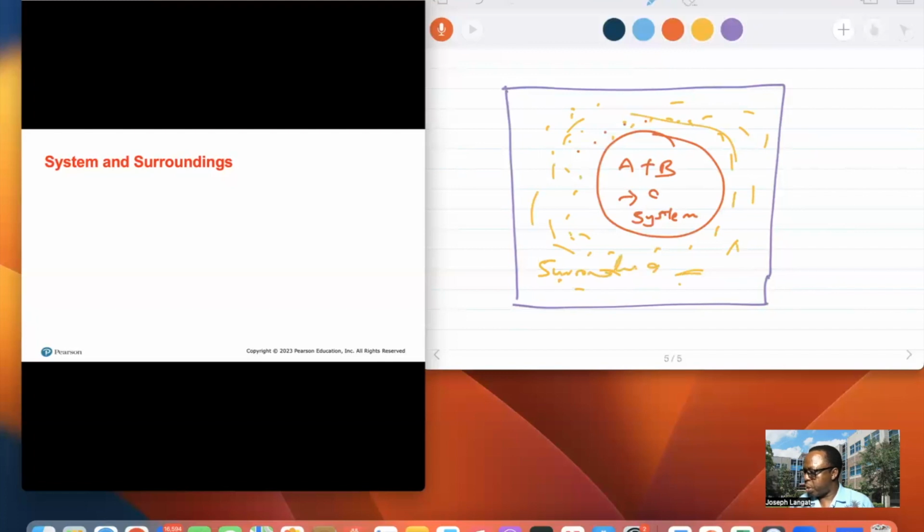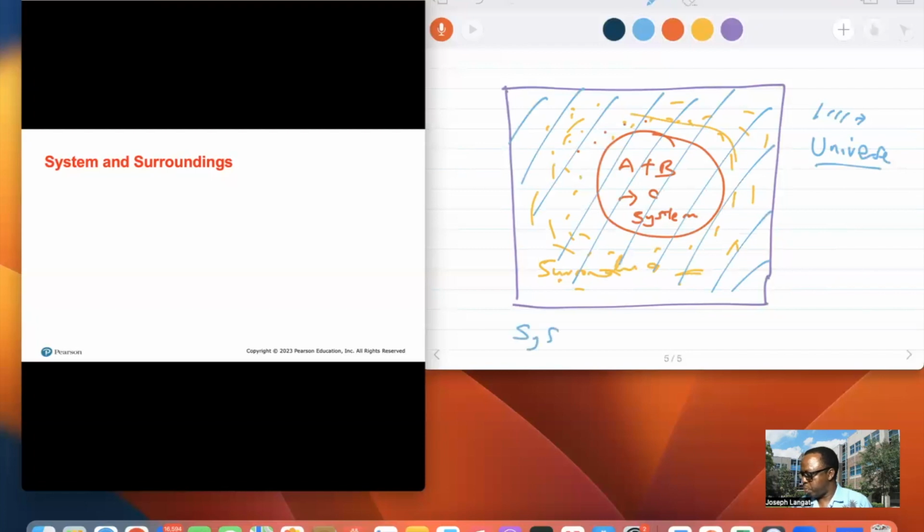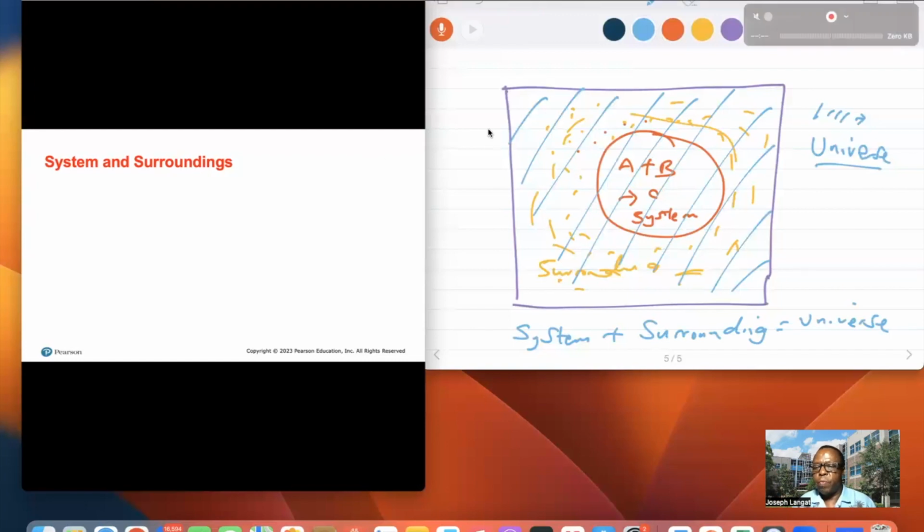And then everything here, including the system, is the universe. You see, system plus surrounding equals the universe. Not the universe the way we know it, where we live, including the planets and the stars. The universe is the system plus the surrounding, and the system is what we focus on.